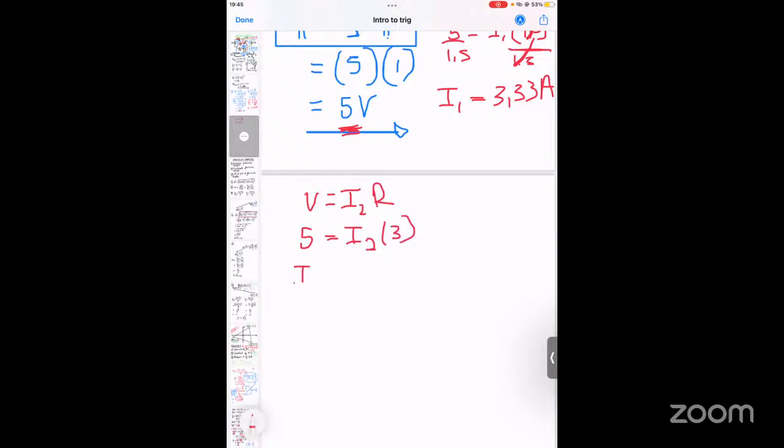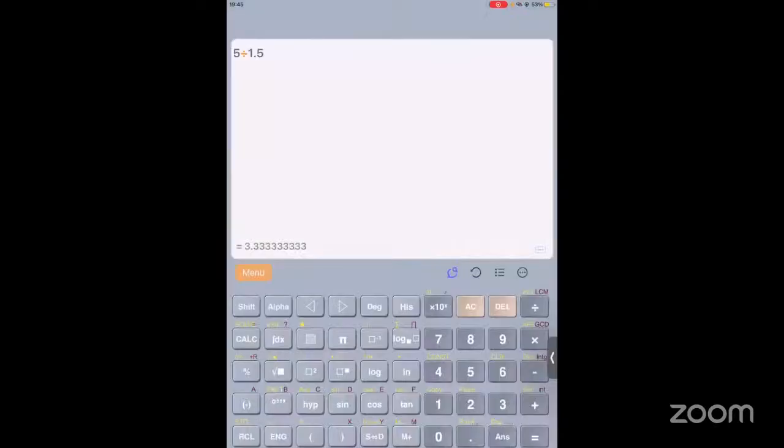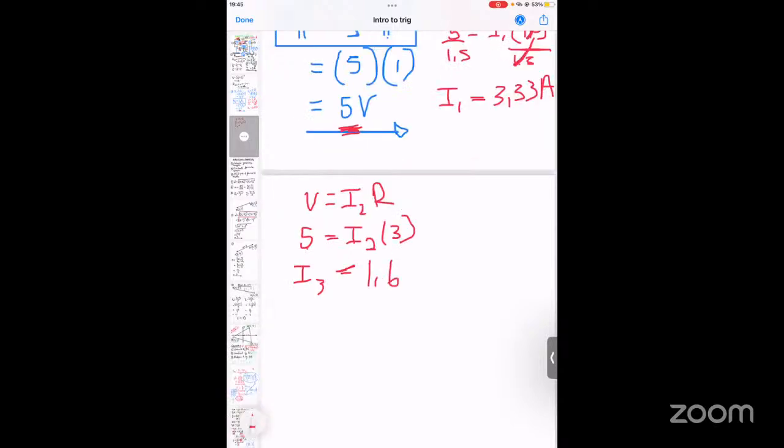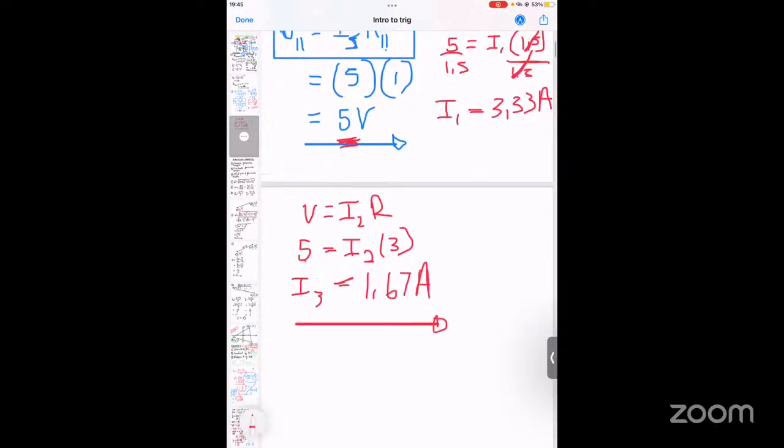So you end up having 5 divided by 3. What does it give you? It will be 1 comma something, 1.67. So that means we have 1.67 amperes as the current flowing through that other side.